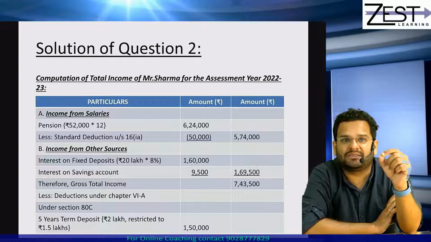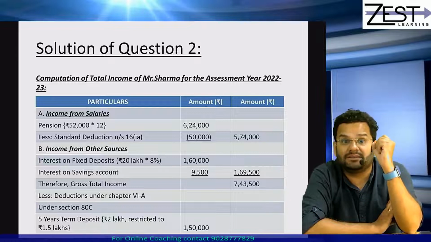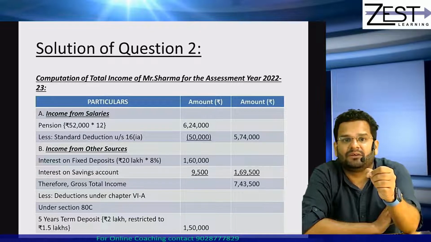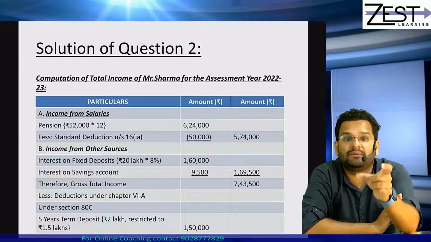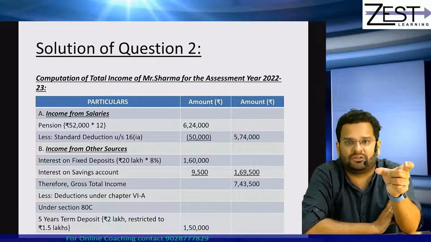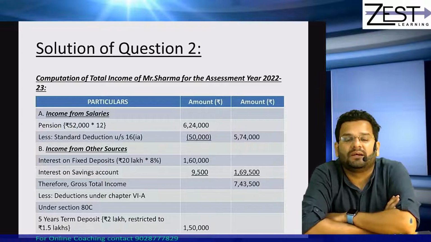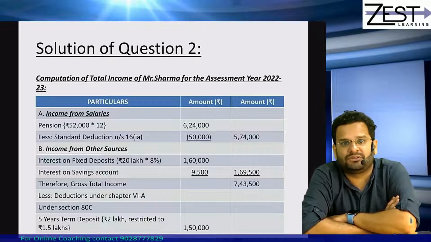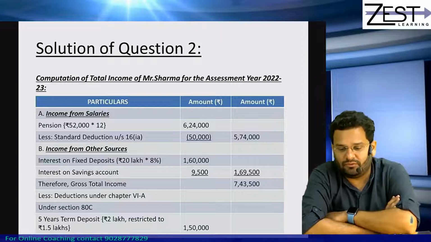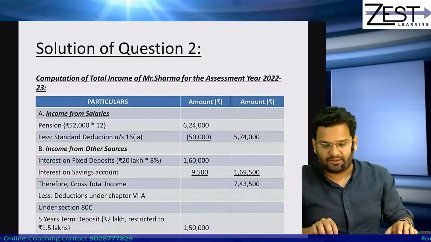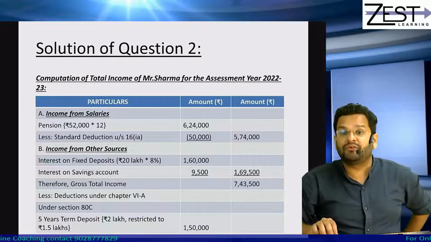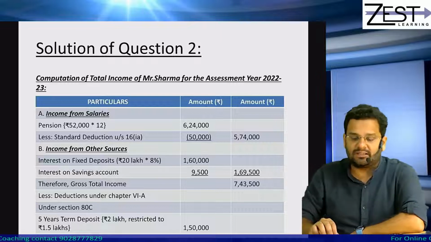What you have to understand is he is a senior citizen, so he will be eligible to claim that 80TTB deduction. Why is it for? It is for interest on deposits. So that is to the extent of 50,000. So yes, take that.